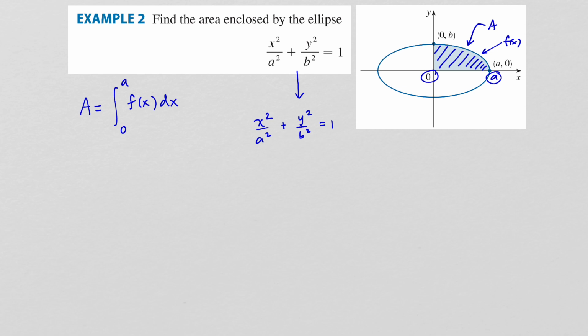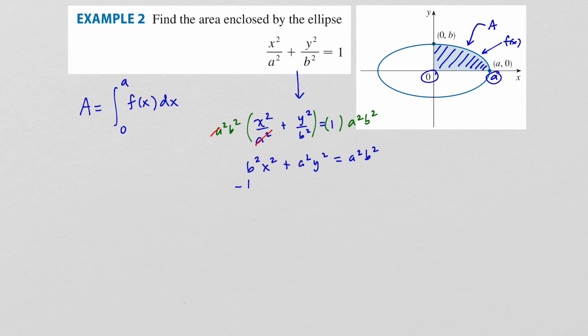Now, there's a couple of different ways to solve it for y. What I'm going to do is just multiply both sides of the equation by a squared b squared. What this is going to do is get rid of the fractions. So here a squared cancels with the a squared there, and we're going to get b squared times x squared plus, and then when you multiply here, the b squared cancels, and you get a squared times y squared is equal to a squared b squared.